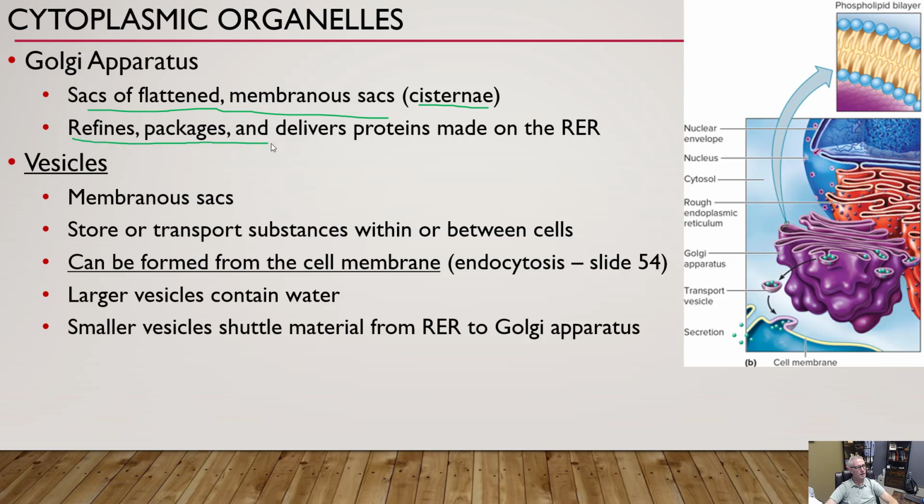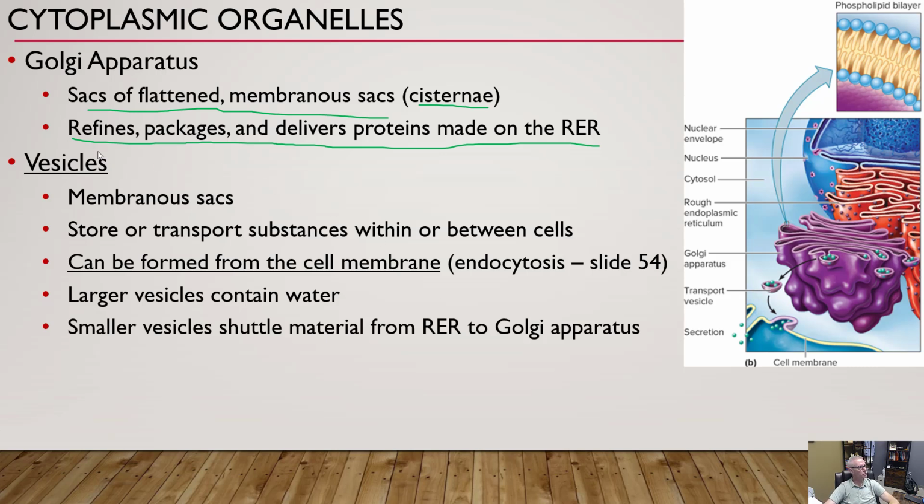Basically, they're going to refine, package, and deliver the proteins that were made on the rough endoplasmic reticulum. And remember that I said those proteins are eventually going to be secreted, not necessarily outside the cell, but possibly to be used within the same cell.